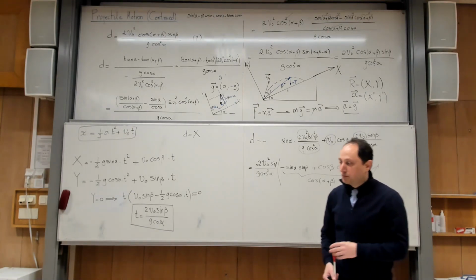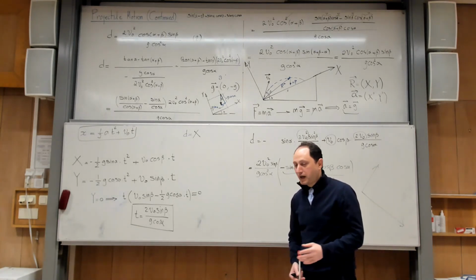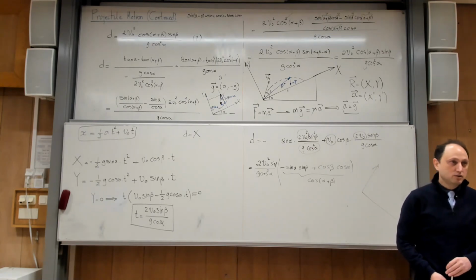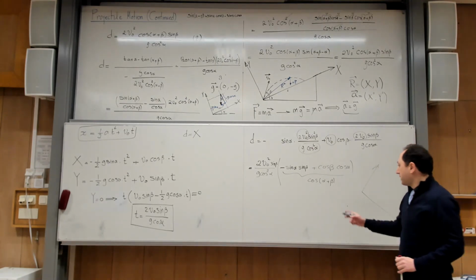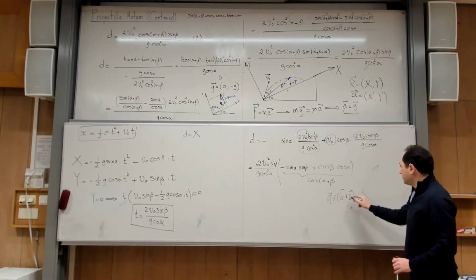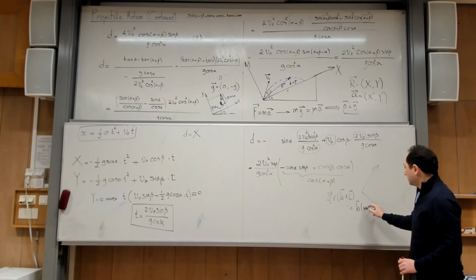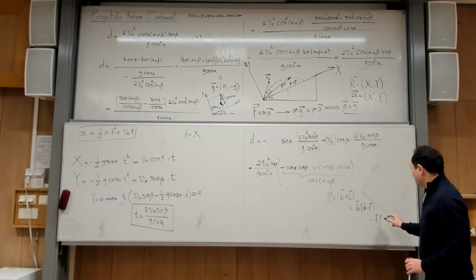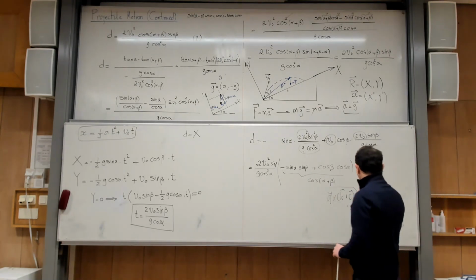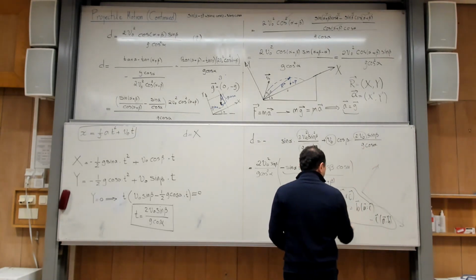I don't know how many of you have seen my video on the BAC-CAB rule from a geometrical point of view. Sometimes I gave it. So if I want to prove the BAC-CAB rule, do you remember what that was? We had this formula. If you want to prove this, it is a vector equation.